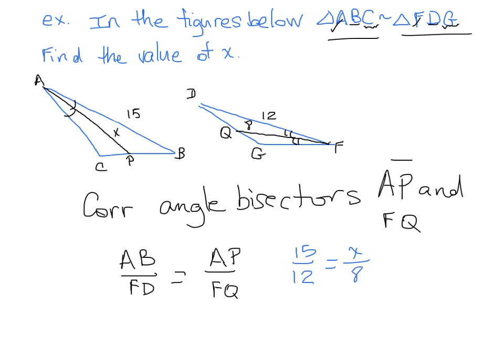Now we can go ahead, cross multiply, and we get on the left side that 8 times 15 is equal to 12 times X. Well, 8 times 15 is 120, is equal to 12X. Now, our final step, we want to isolate that X, so we can divide both sides by 12, and we get that X is equal to 10.